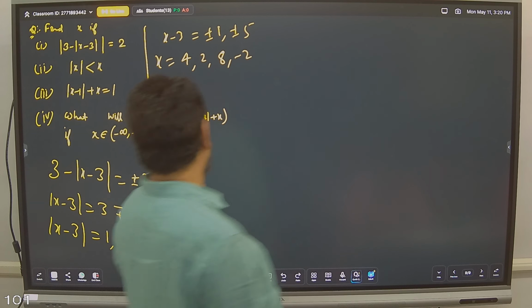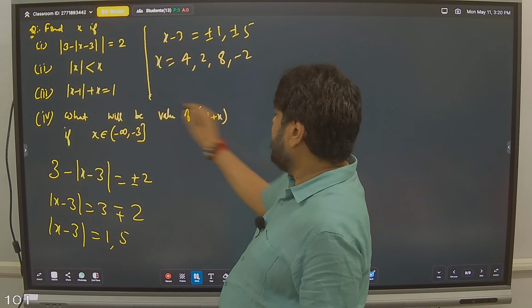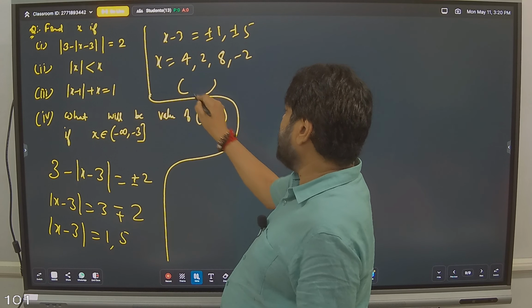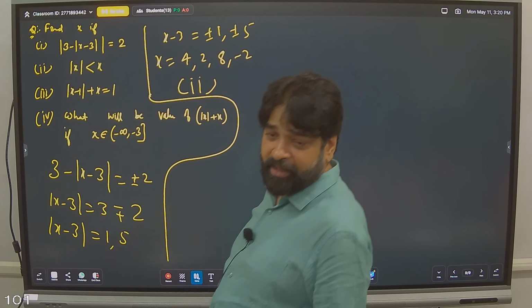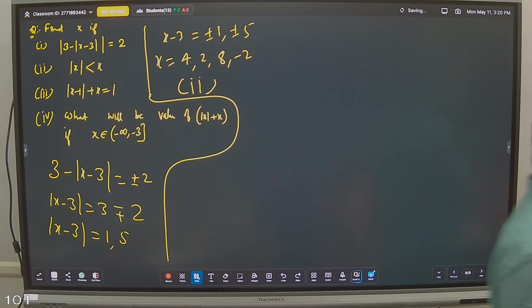Yes, second solution. What is the value of x which satisfies this condition? Never.